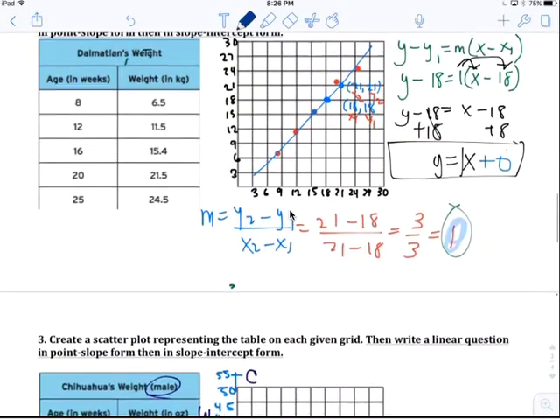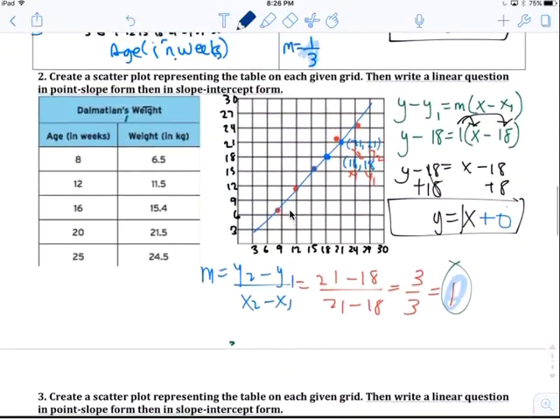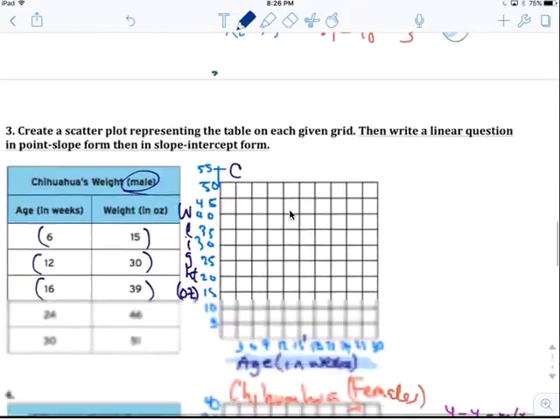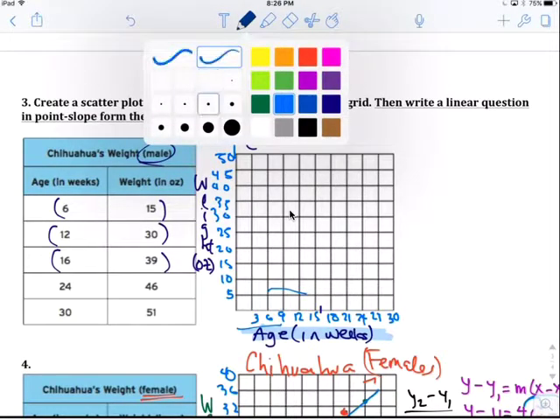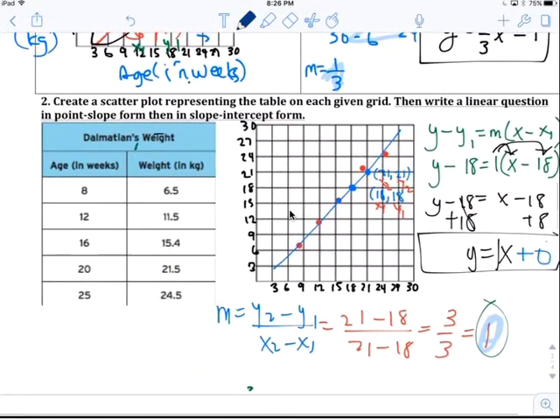Okay. That's how you do that. Same thing here. You need to graph these. Oh, it's really important that when you graph, and which I didn't do here, I didn't label the independent and dependent variable.